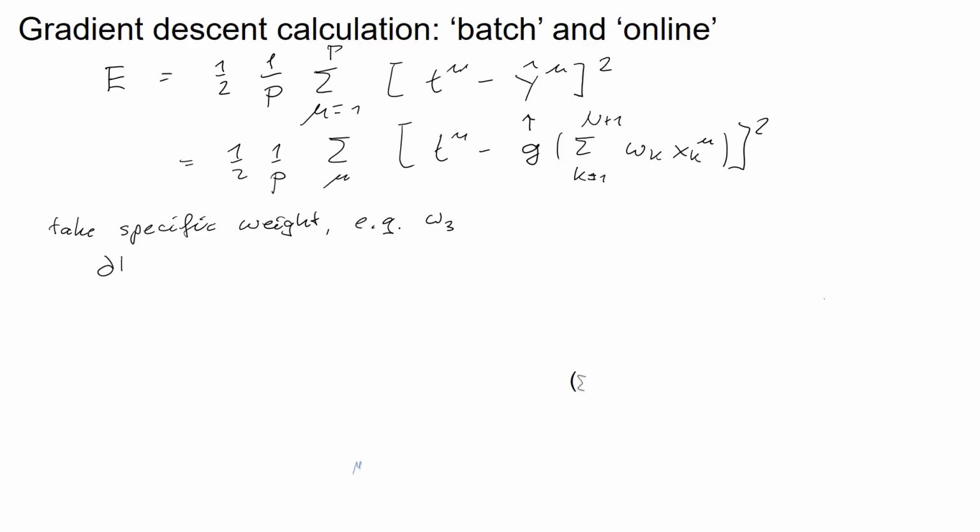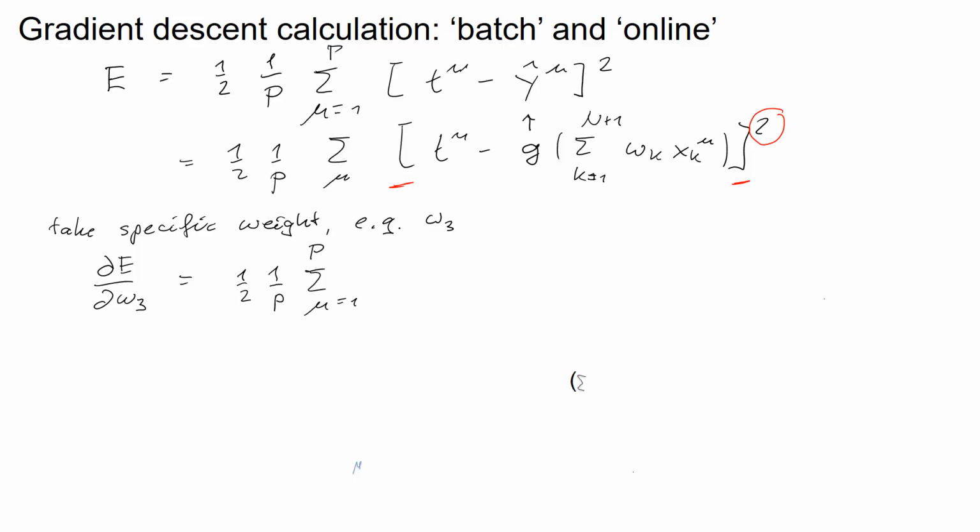So I take the gradient, dE dw3, and then I need to copy. I have 1/2, 1 over p, and then I have sum over mu. So far, everything is a copy. And now I have to use the chain rule. So I have here the outer brackets with a square of 2.